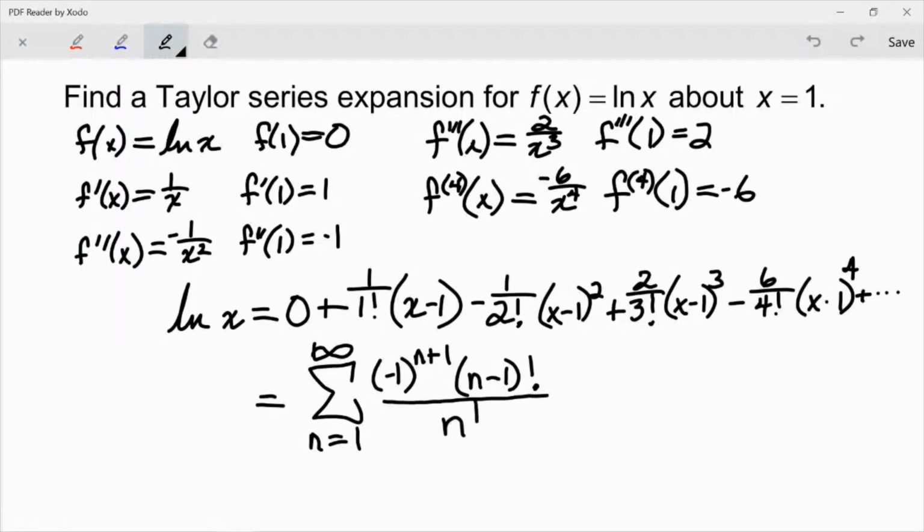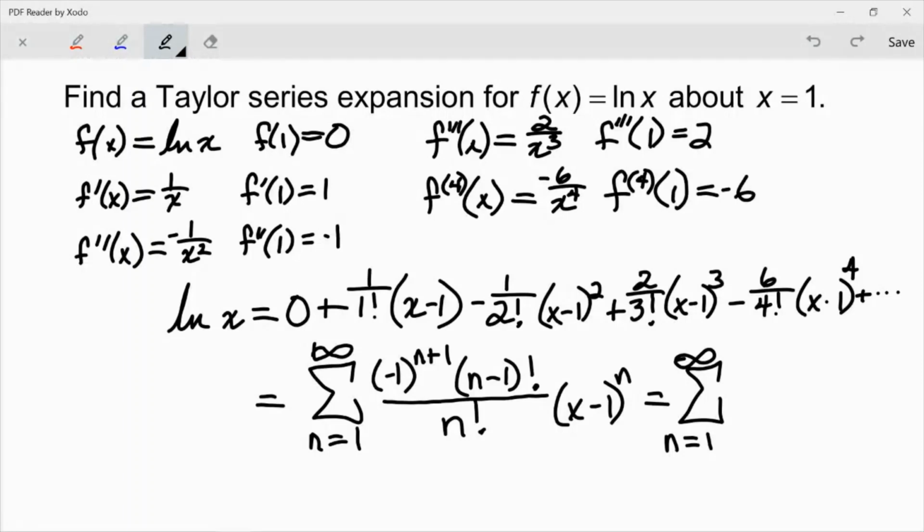So since I left it in an unsimplified form, it probably makes more sense to do it this way. So that would be divided by n factorial. Then I have x minus 1 raised to the n power. Okay, so then from there, I'm going to simplify a little bit further. I've got an n minus 1 factorial in the numerator and an n factorial in the denominator. We saw this a little bit when we were doing the ratio test.